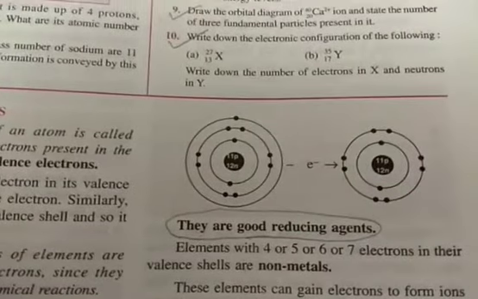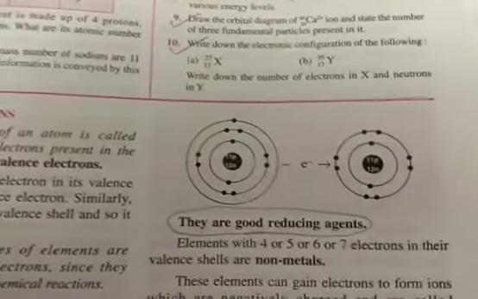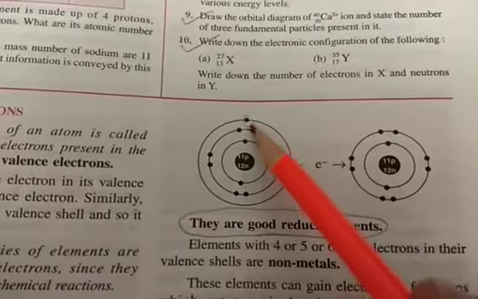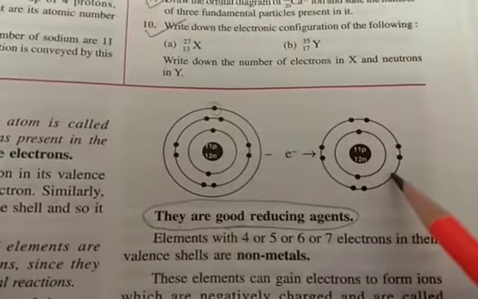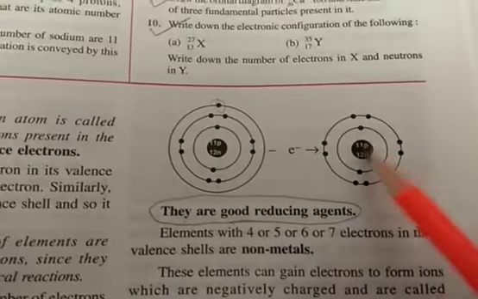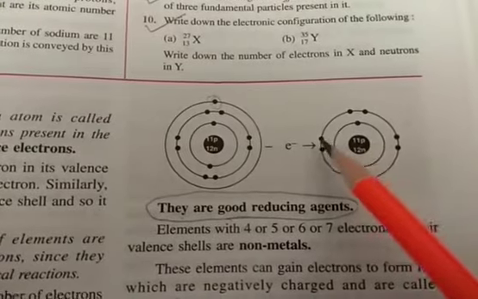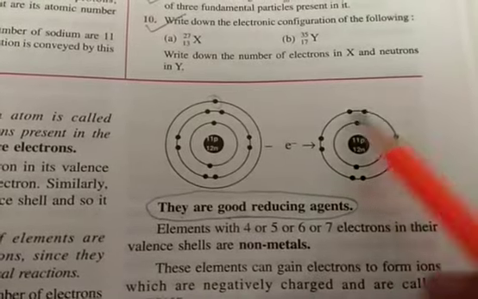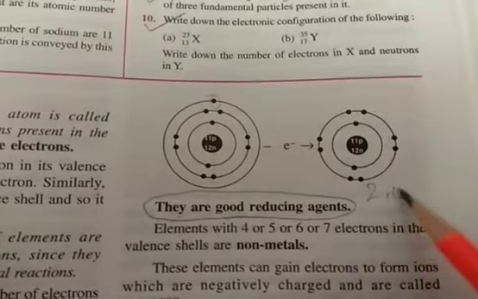Now if it loses that one single electron from this outermost shell, then the configuration will become 2 and 8. 1 2 3 4 5 6 7 8, means 2 and 8.